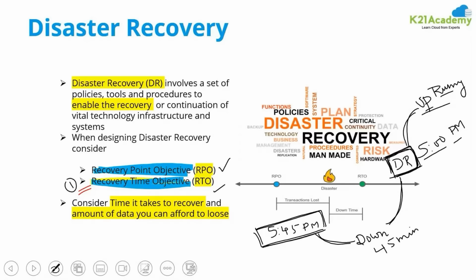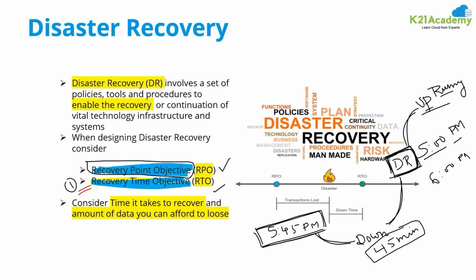But the data which was created during the 45 minutes after that will be lost, if you have deployed your disaster recovery planning in such a way. According to you, the next backup was supposed to be at 6 p.m. So basically you are setting up a recovery point objective where the data loss will be for 1 hour, which is too high for companies.